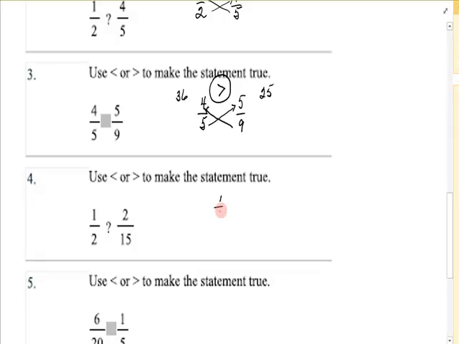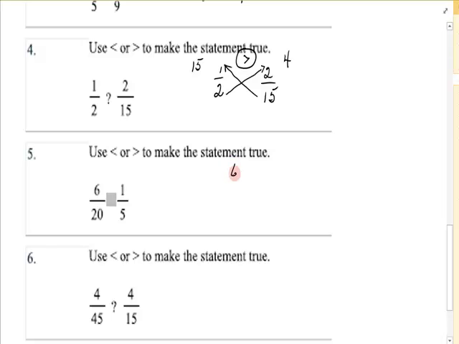Let's compare 1/2 and 2/15. Multiply 2 times 2 for 4. Multiply 15 times 1 for 15. The symbol that would go between 15 and 4 is a greater than symbol, so that's the correct symbol.